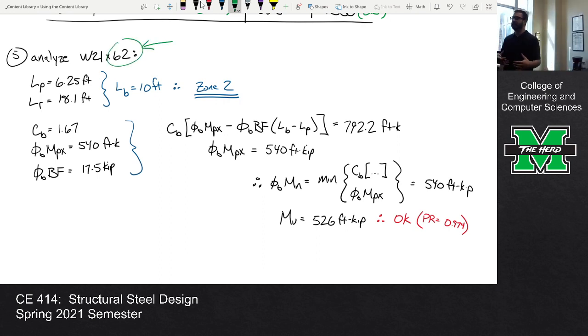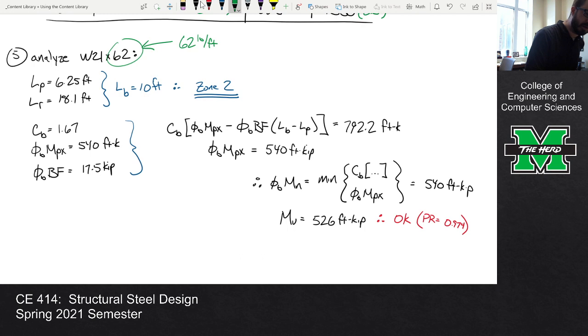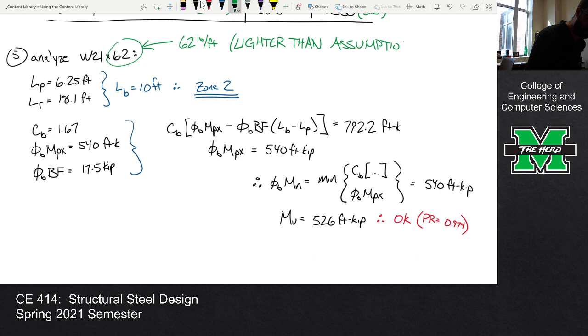That 62 is 62 pounds per foot. That's lighter than the assumption.